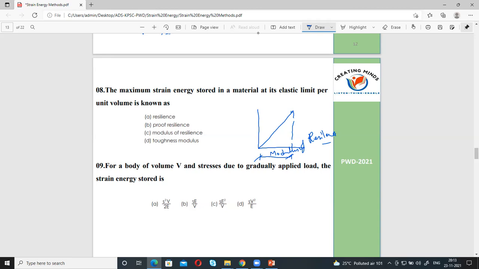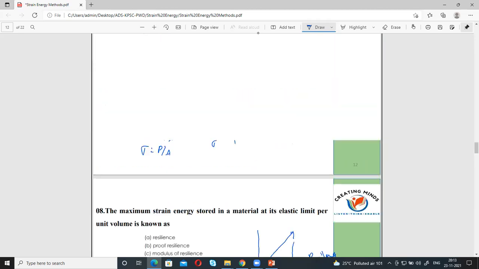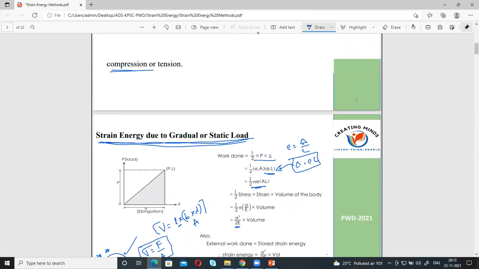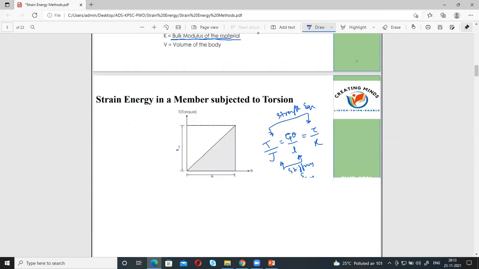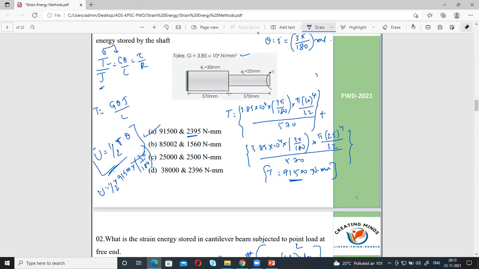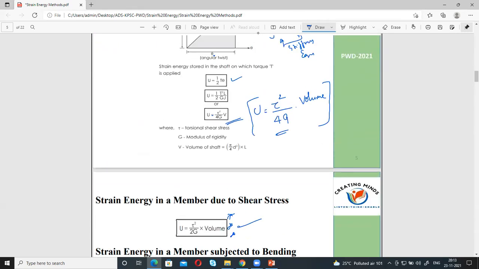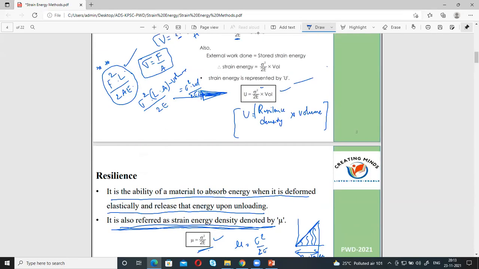See, I have mentioned, I think, somewhere in the slide, modulus of resilience.